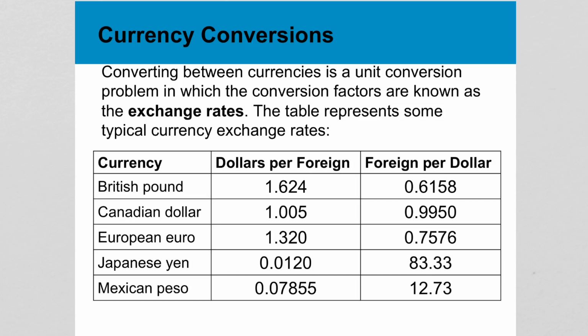So you could use either of those conversions when you're working these. And for example, Canadian dollars, 1.005 American dollars is equal to 1 Canadian dollar, or 0.9950 Canadian dollars is equal to 1 American dollar.